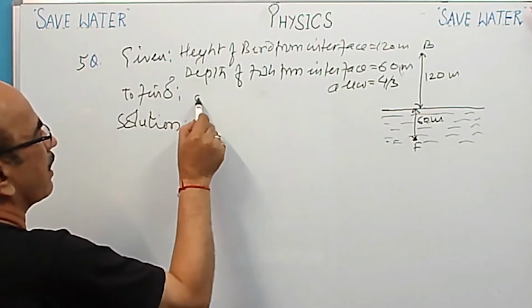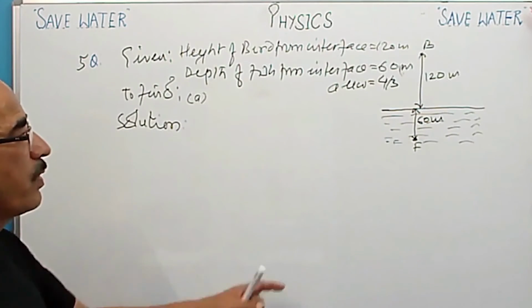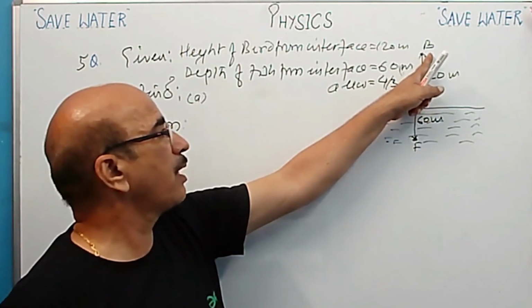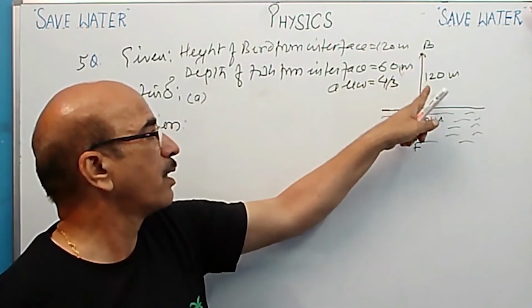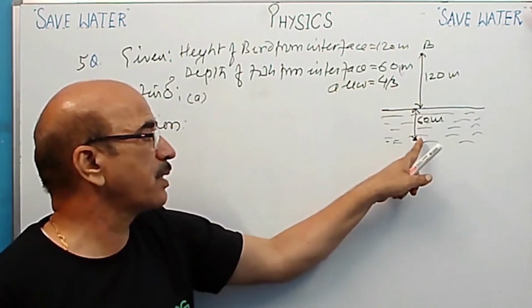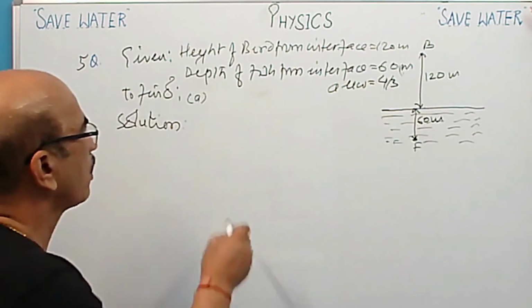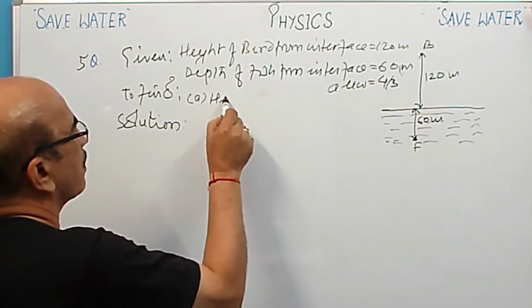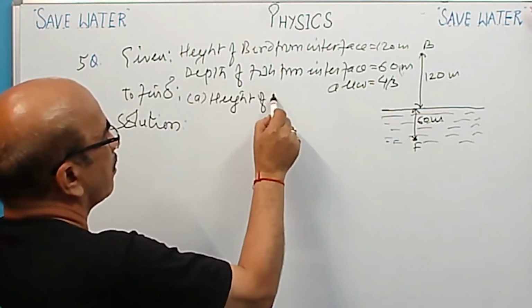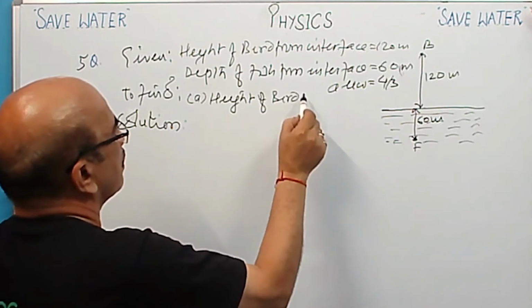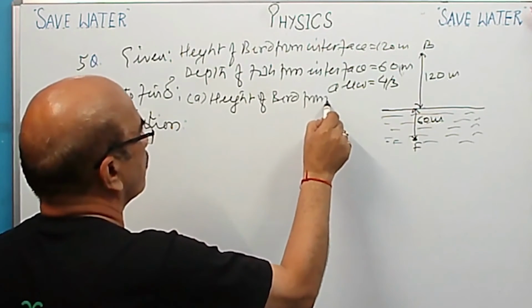So we have to find two things. We have to find the distance of the bird from the fish, or we can say the height of the bird seen by the fish. So the first to find is the height of bird from fish.